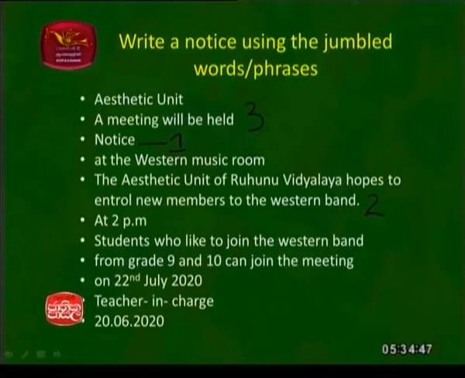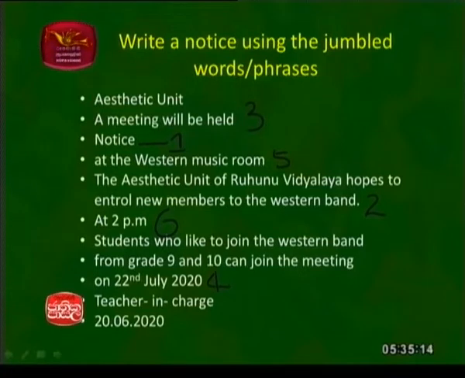That is number 4. That is the date. And then place, at the Western Music Room. Fourth one. On top. 1, 2, 3, 4. Right. Okay. And then the time. Right. 6. Okay. And your message. You can join. Who can join?